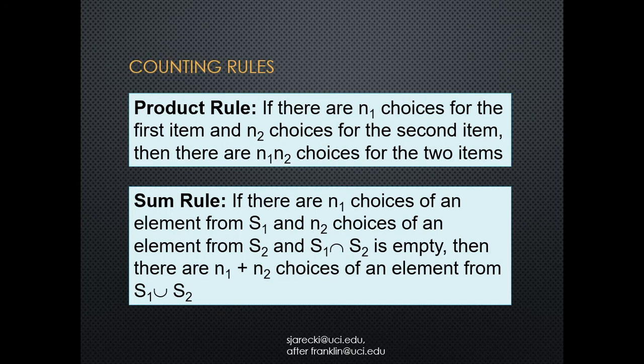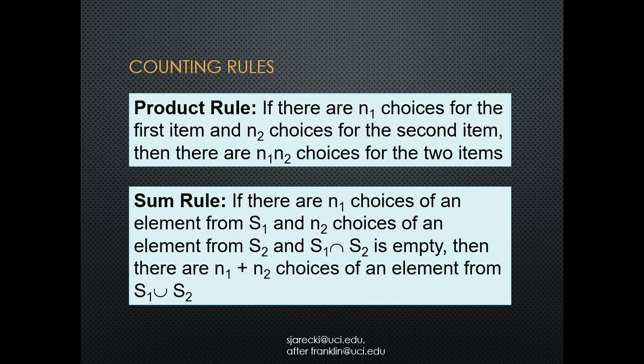So in counting there are two prominent rules that are used. First is the product rule and the second is the sum rule. For the product rule, the rule states that if there are n sub 1 choices for the first item and n sub 2 choices for the second item, then there are n1 times n2 choices for the first two items. For example, for n1 choices, you have letters A to Z. That is for the first item.